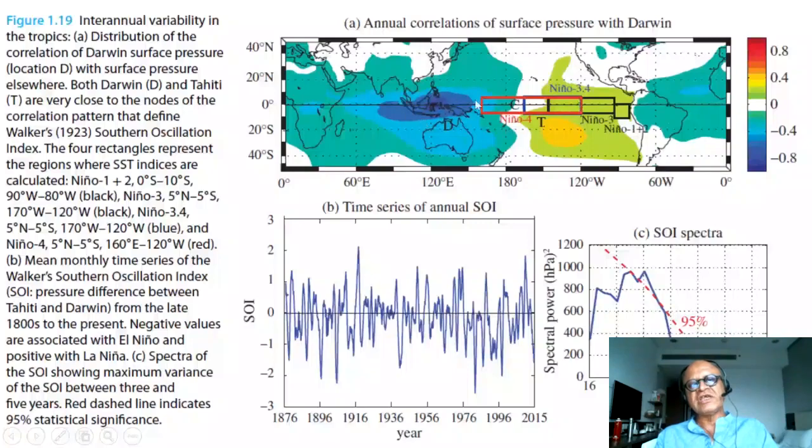So you get anomalously cold temperatures here, anomalously warm temperatures here, which means you get anomalously high pressure here, anomalously low pressure here.